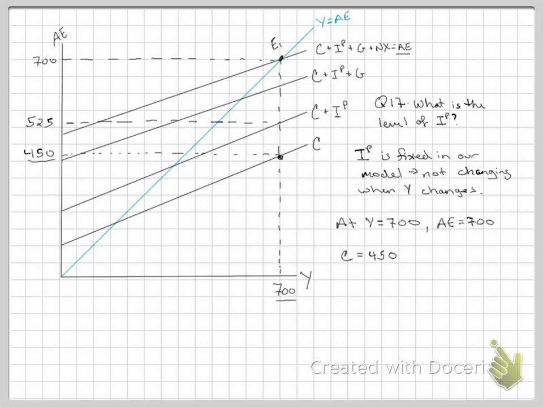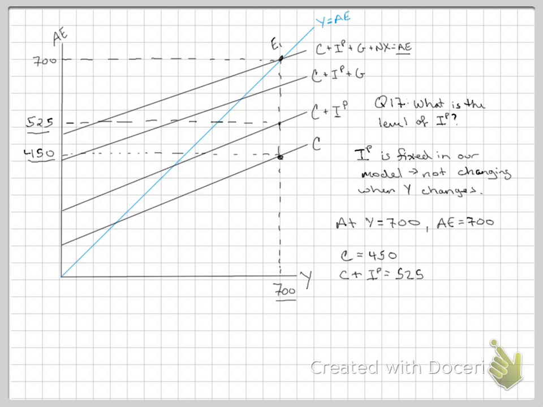But also, if we go to the line above it, consumption plus investment, or planned investment spending, is equal to 525. So what we know from this is that at $700 in production, or $700 in GDP, consumption is 450, and consumption plus planned investment spending is 525.